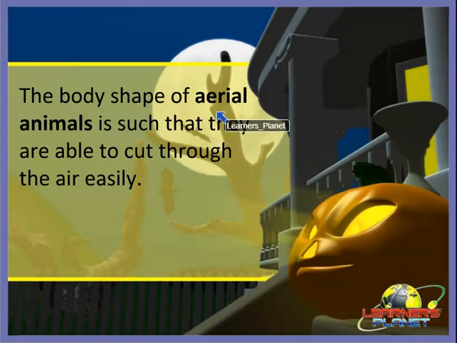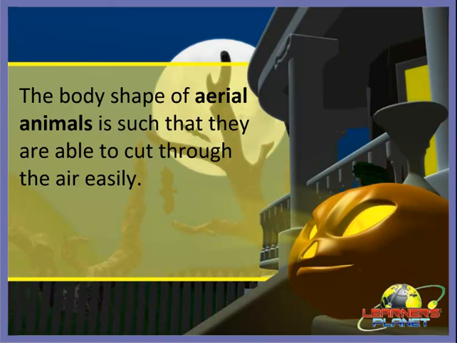Then the body of the aerial animals is such that they are able to cut through the air easily. So children, always remember that they are able to cut through the air very easily, and that is why we can say that they are able to fly very easily, right?